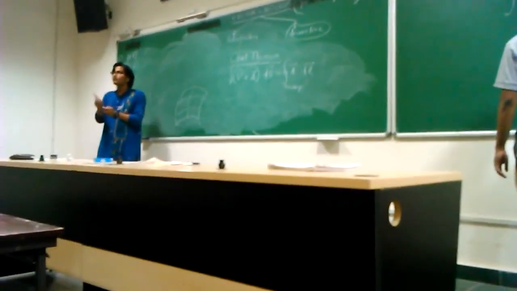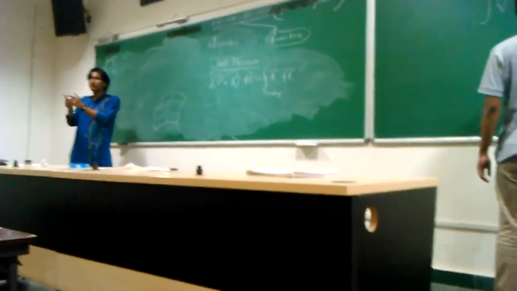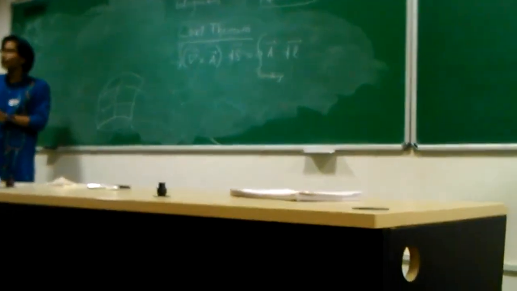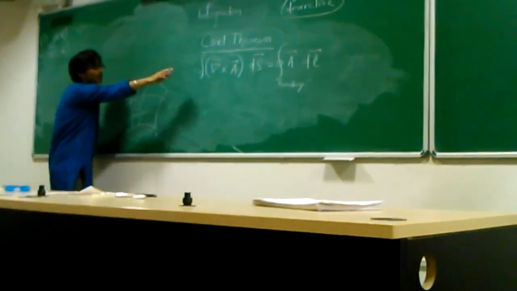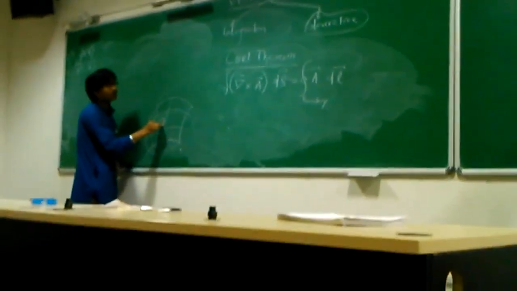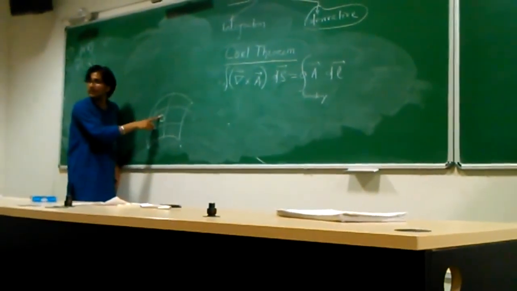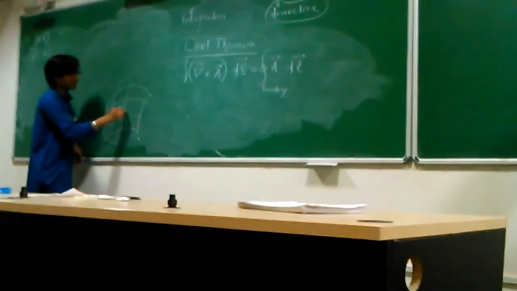See, a vector field is a function, right? A vector field is a directional function. At every point you have a function. So you find the curl in any small area, then you find it in the next area, and add them.